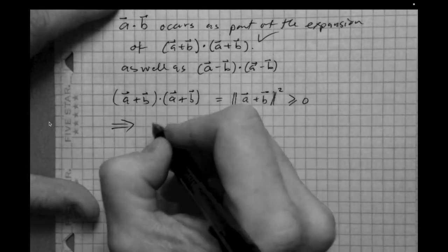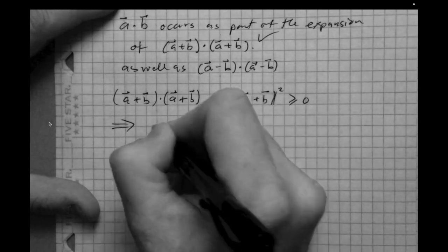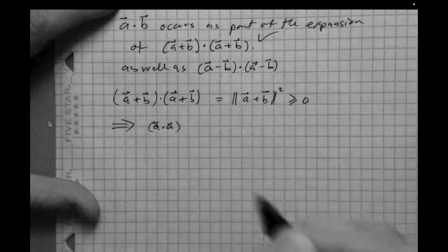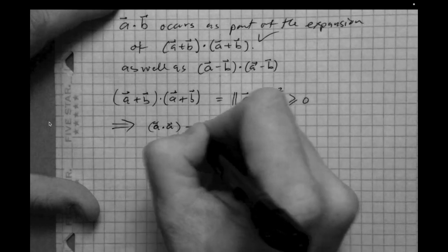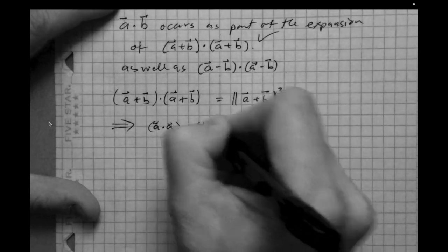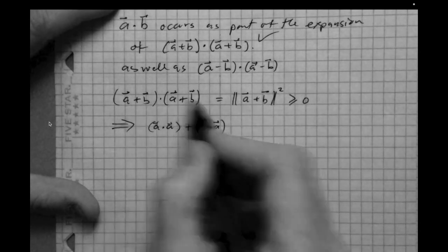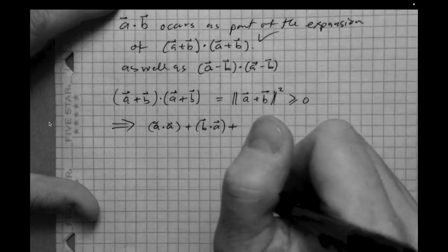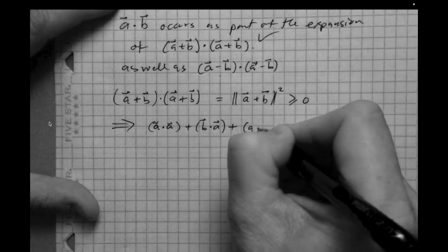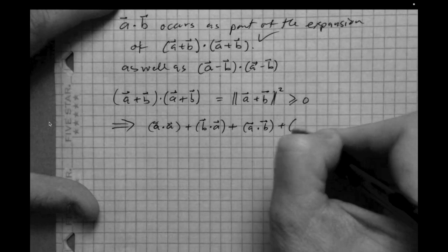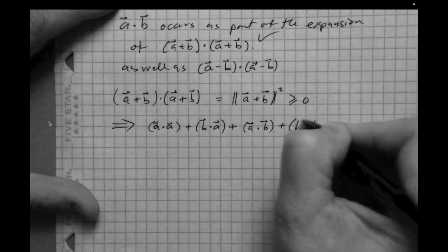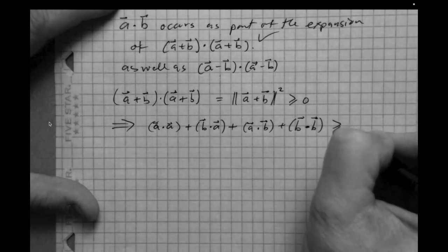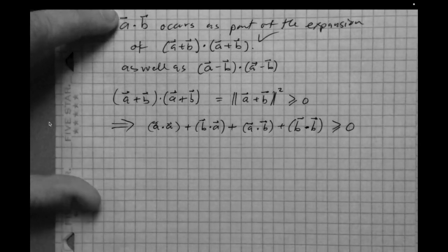Well, a dot a, again, these are vectors, plus b dot a, just doing the expansion here, expanding this, plus a dot b, kind of foiling these out, plus b dot b is therefore greater than or equal to 0.